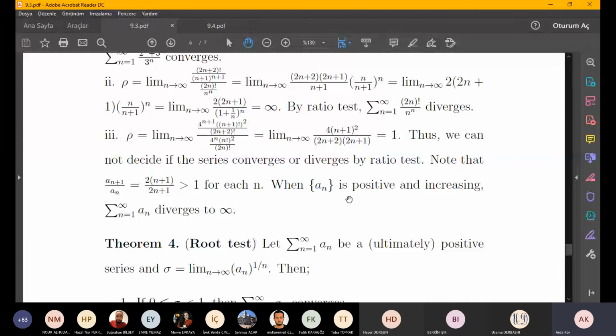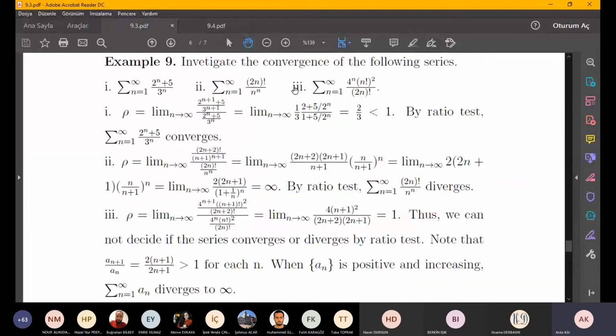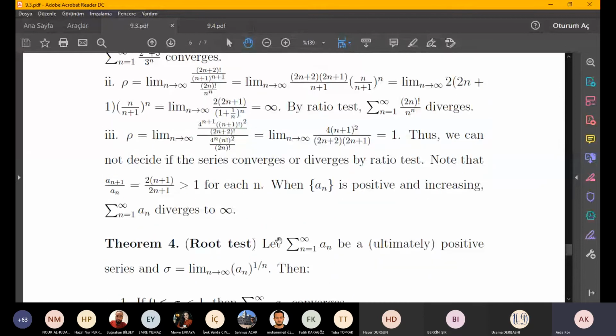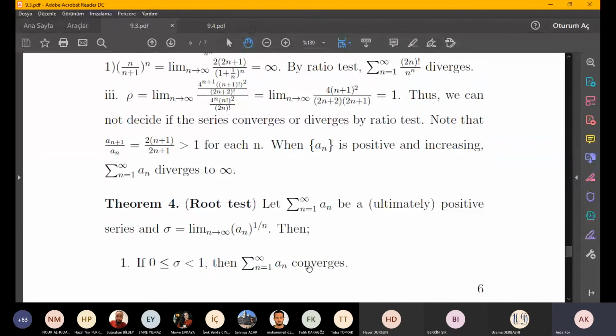So this is a positively defined and increasing series, which gives you the direct conclusion that your series should diverge to infinity, because all the terms are positive and it is increasing. We show that here for each n. So you can directly say the third example that we have here is divergent, or diverges to infinity.